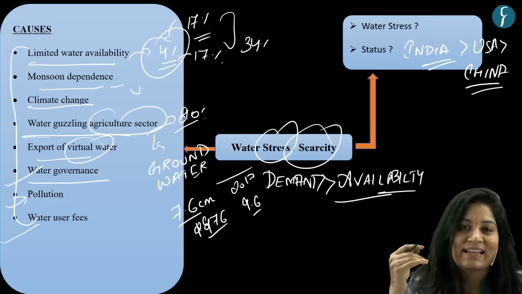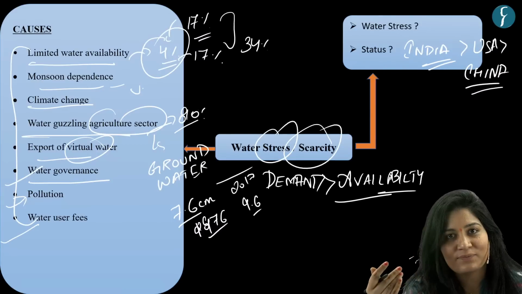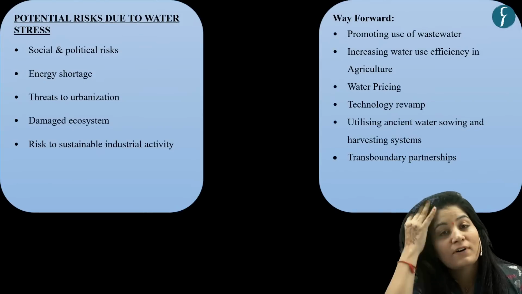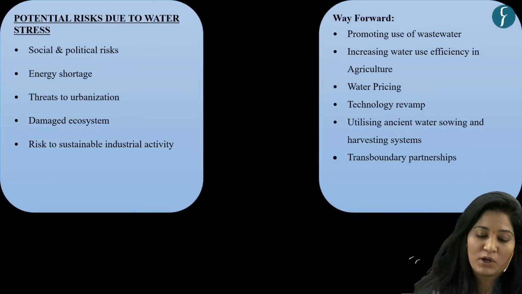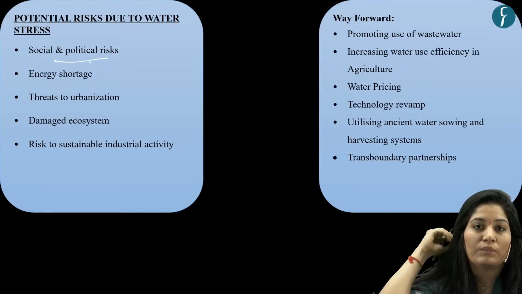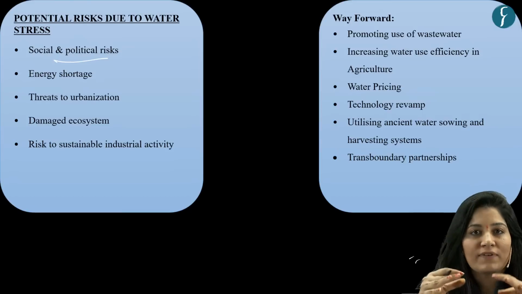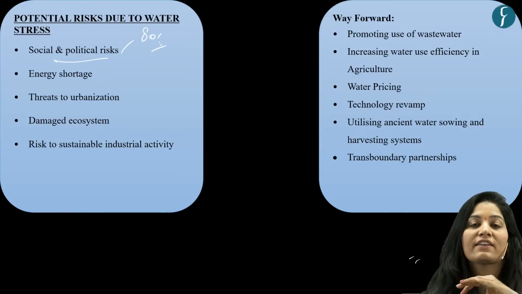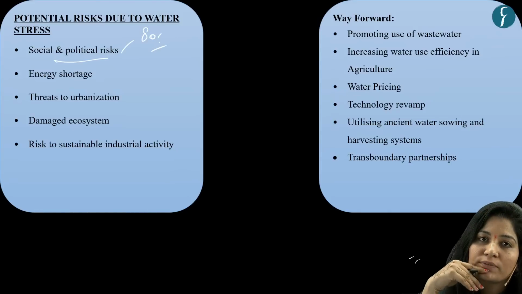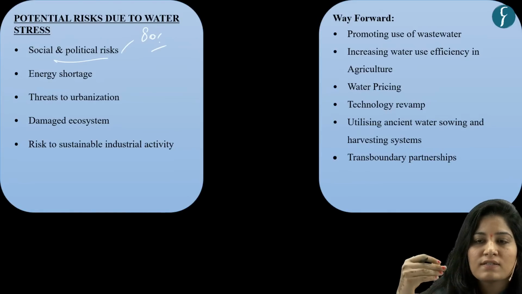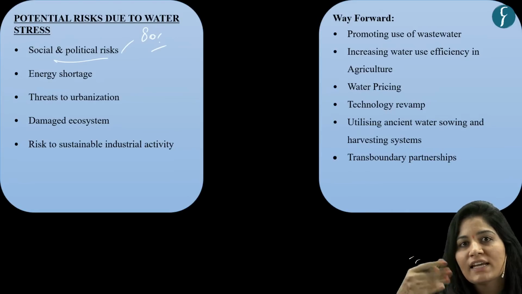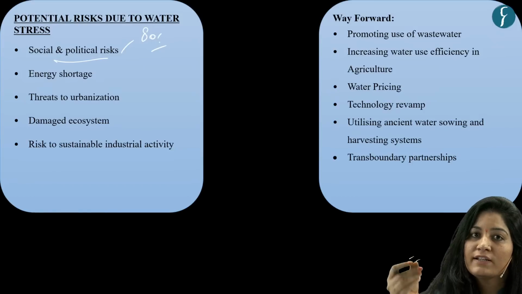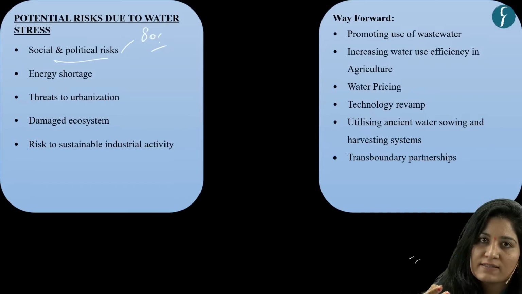Now, let's see its potential risk or its impact on various sectors. The first in this is social and political risk. Now, just now we have seen that 80% of our irrigation is based on underground water. Okay, so if there is a scarcity of water, obviously it will affect our agricultural output, which will lead to food scarcity.